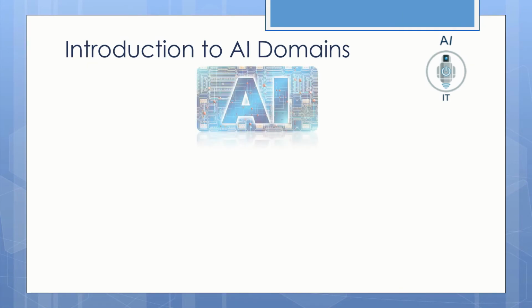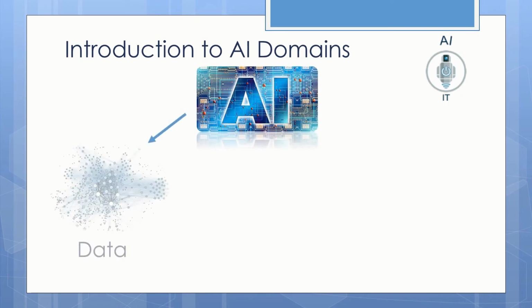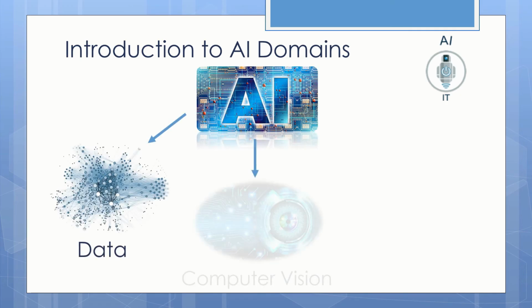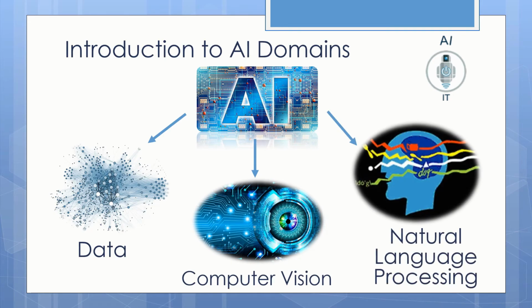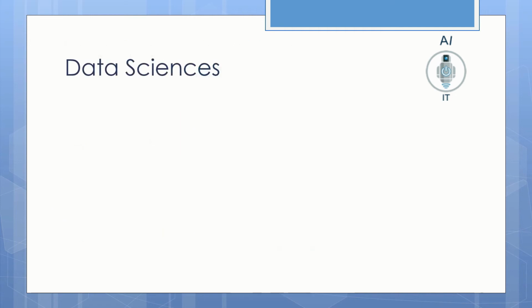They are data sciences, computer vision, and natural language processing. So depending on the data that we feed, we classify the domains into three categories. They are data sciences, computer vision, and natural language processing. Got it? Now let us understand these three domains one by one.